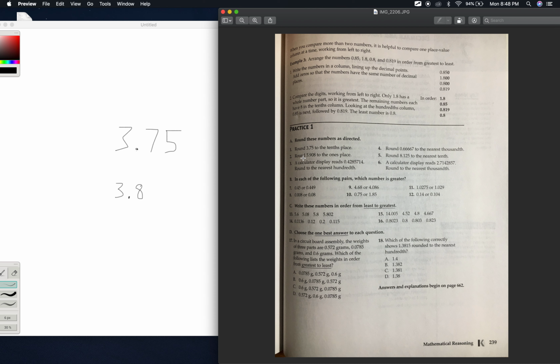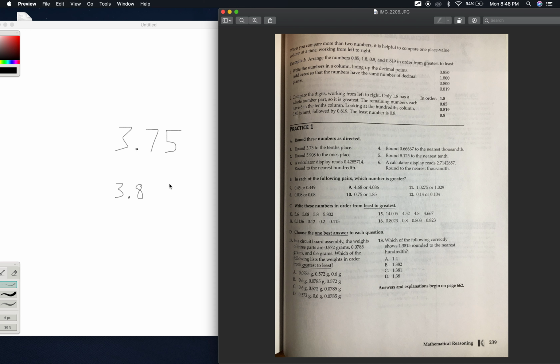Now, round 5.908 to the ones place. So see how this has a ones, or an S, after it instead of a TH? So we know that it is to the left of the decimal point. Not only that, but to the right of the decimal point, there is no such thing as ones.